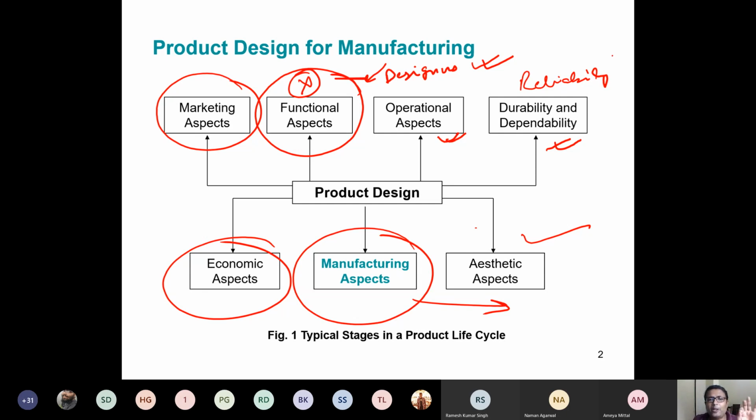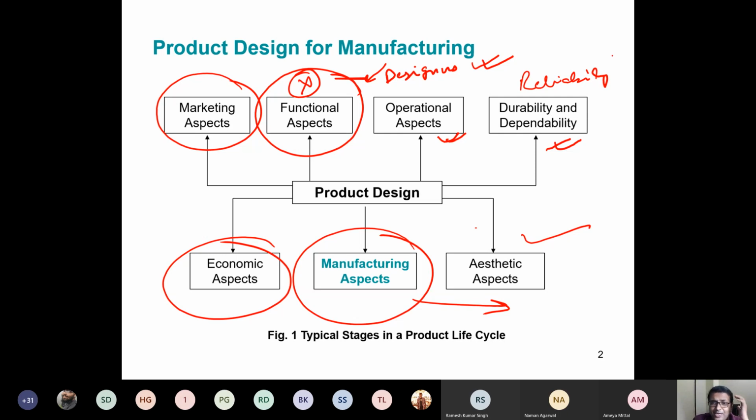Polishing, if you do super polishing, can be a fairly expensive process. Any finishing process, whether it's grinding, honing, polishing, these are super duper expensive processes. So finishing can be more expensive than the entire machining process. You make the product, it's cheaper than what money is spent in finishing the product.